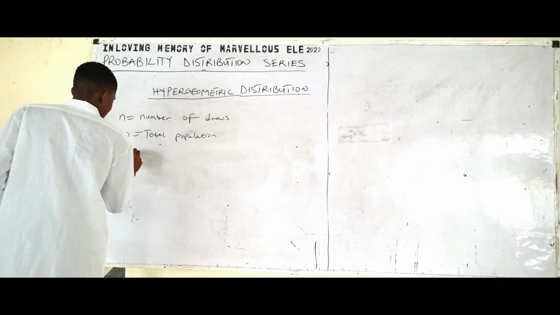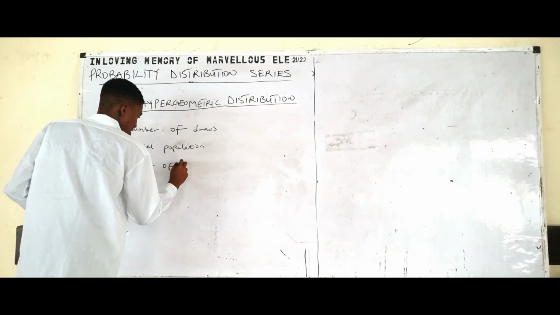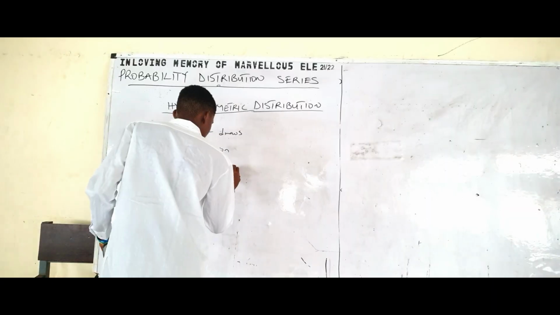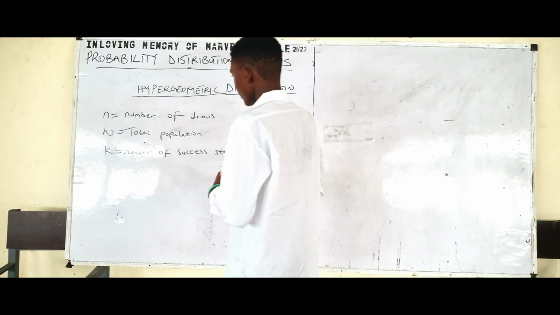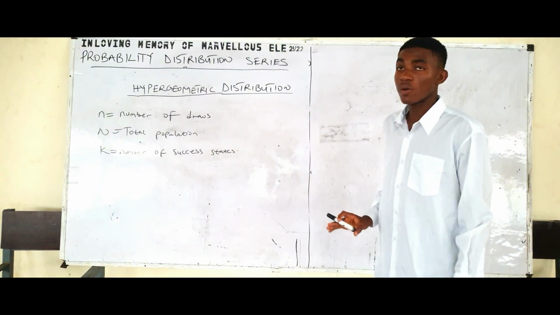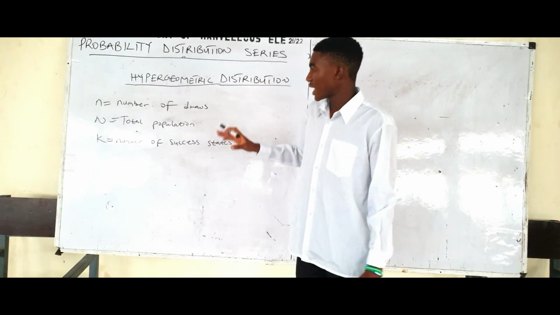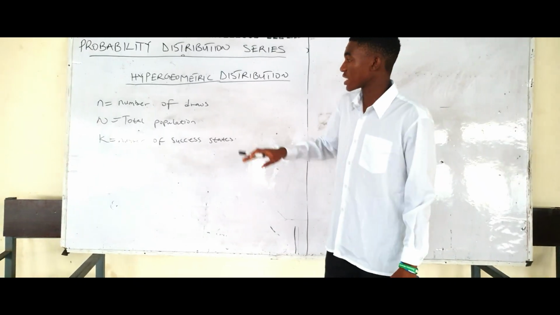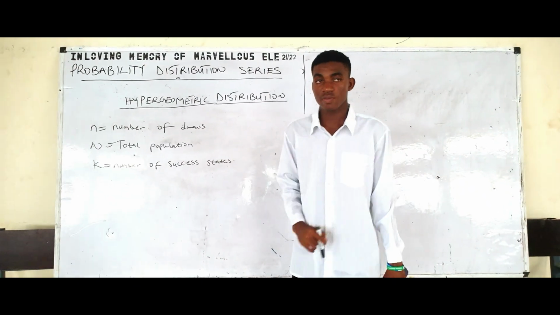And K, which stands for the number of success states. These are the three major parameters of the hypergeometric distribution. Let me explain what n, N, and K mean using a scenario.